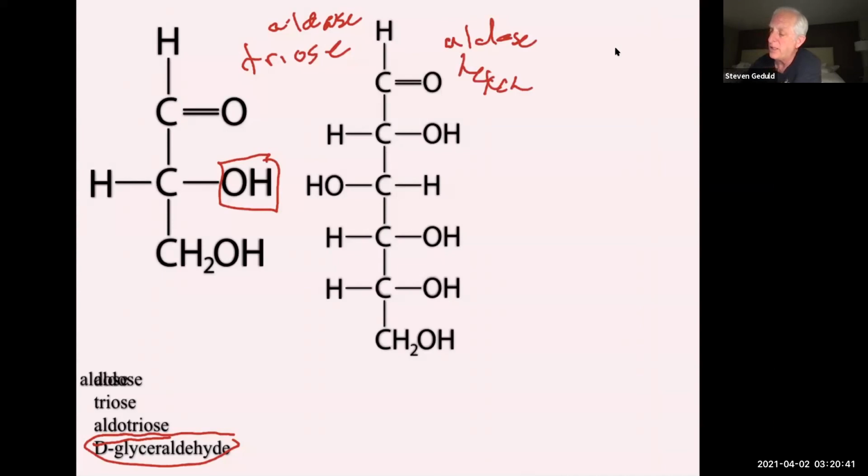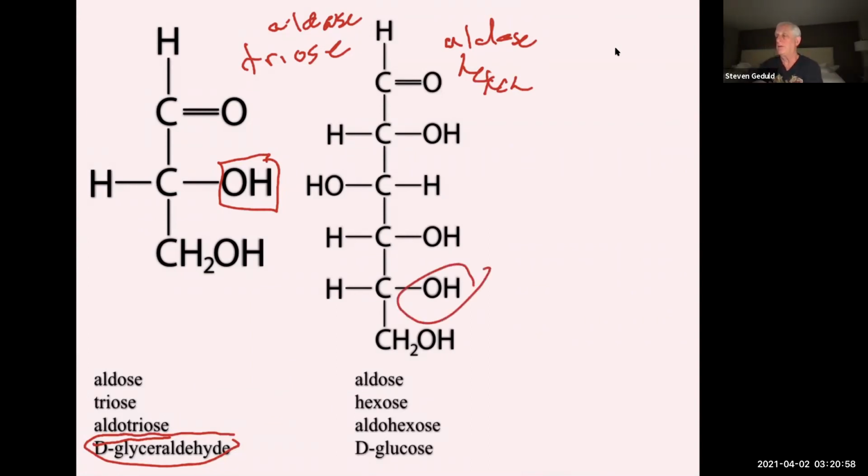It's an aldose and a hexose, so the name of this is an aldohexose. And this is the sugar D-glucose. Again, the D refers to where that OH group is on the last chiral carbon away from the most oxidized carbon. We'll get to how to determine that.